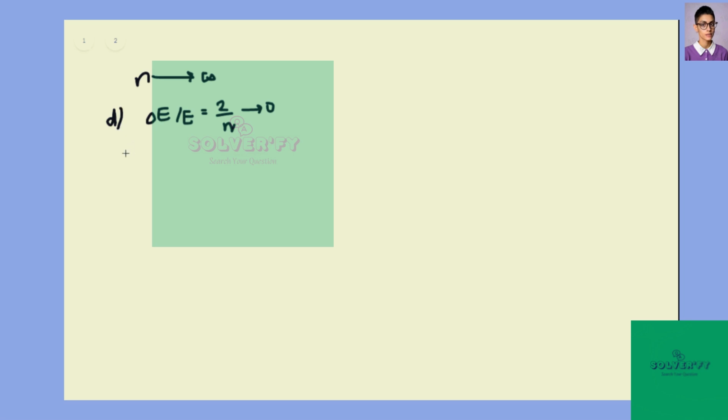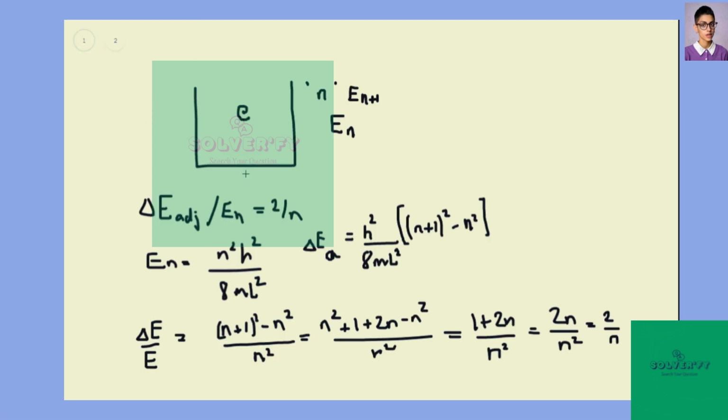As far as B and C are concerned, we first need to show whether delta E tends to 0. Now we can open this part and see what delta E is. Delta E is this. So as n increases, delta E does not tend to 0, because delta E depends upon 1 plus 2n, and as n tends to infinity, this delta E value actually increases to infinity.